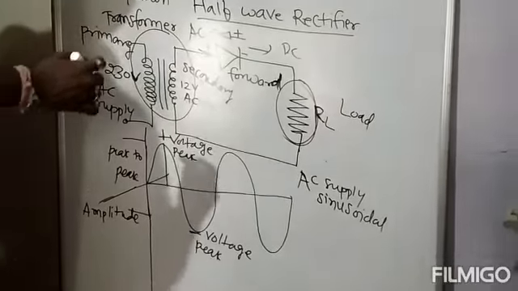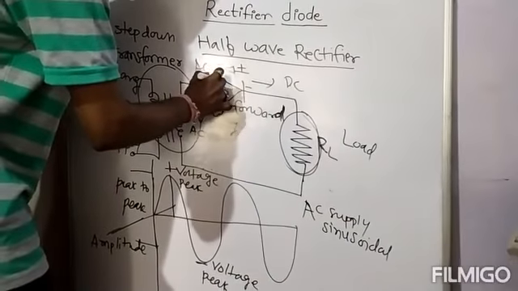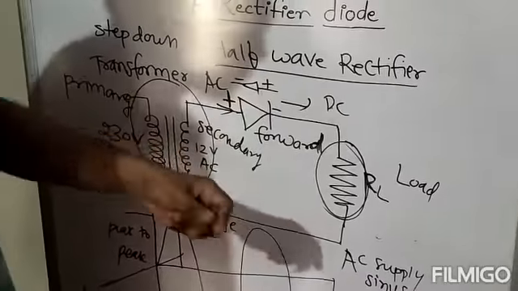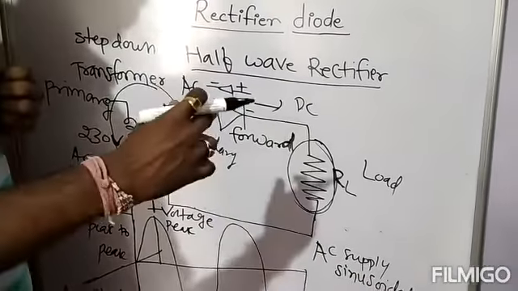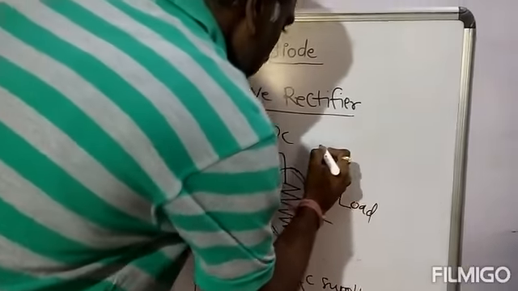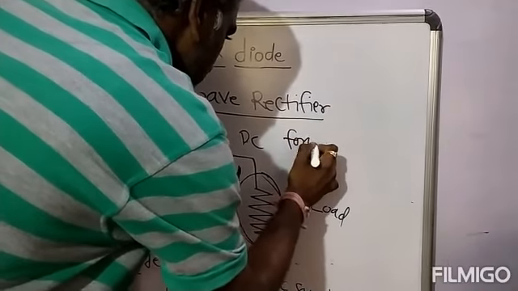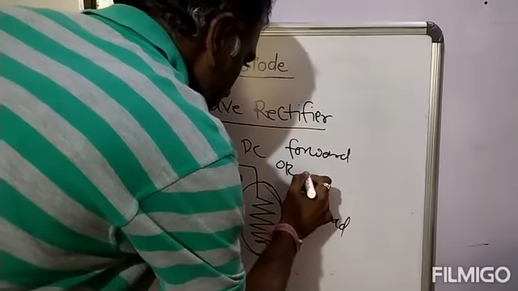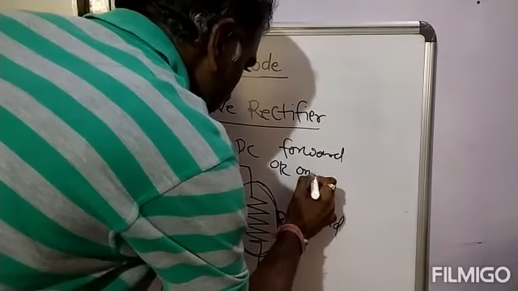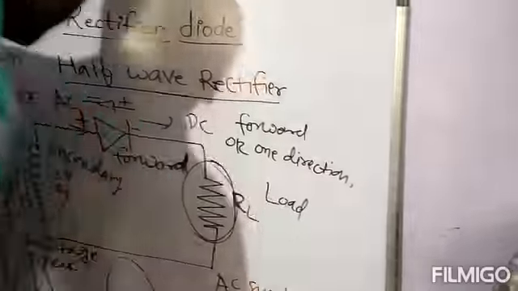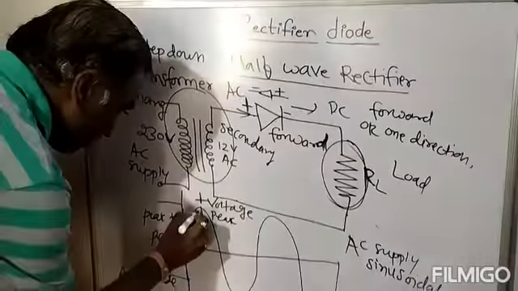The characteristic of a diode is that it works only in the forward direction, or only in one direction. Now come to the waveform.